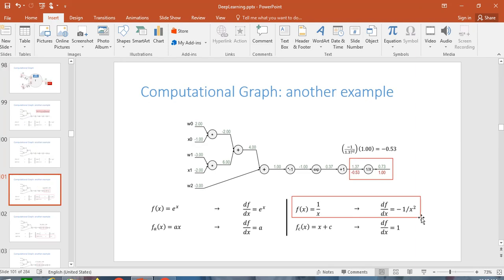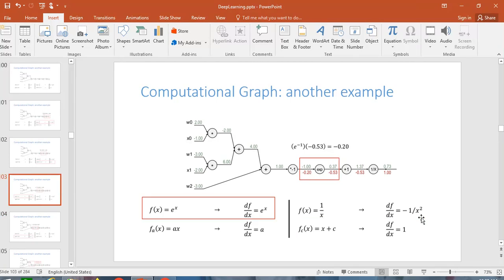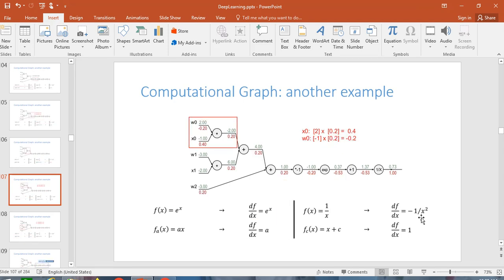How? We multiply by the local gradient. This is a very simple addition function. The differential of a function that includes x plus a fixed number becomes 1. So this gradient is multiplied by a number of 1. So this is multiplied by 1. I will continue this until I reach the w parameters. This is what backpropagation does. Let's go back step by step in the same way.